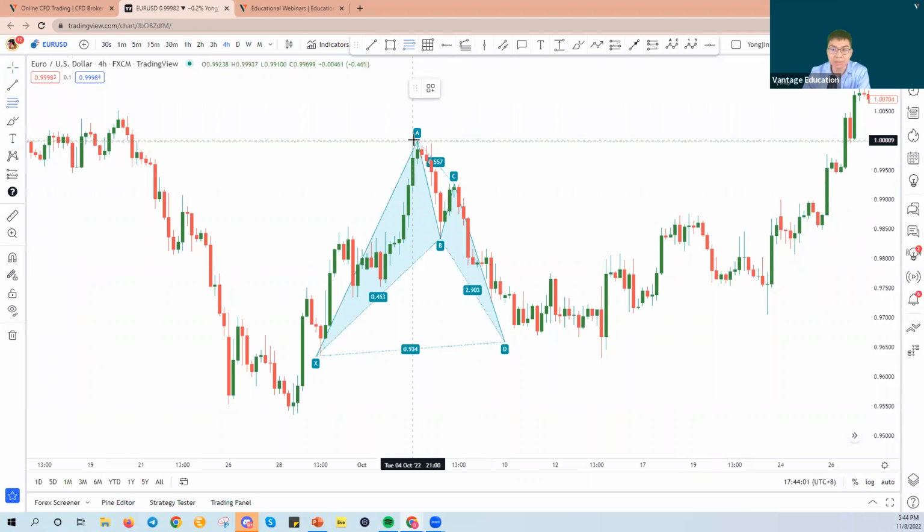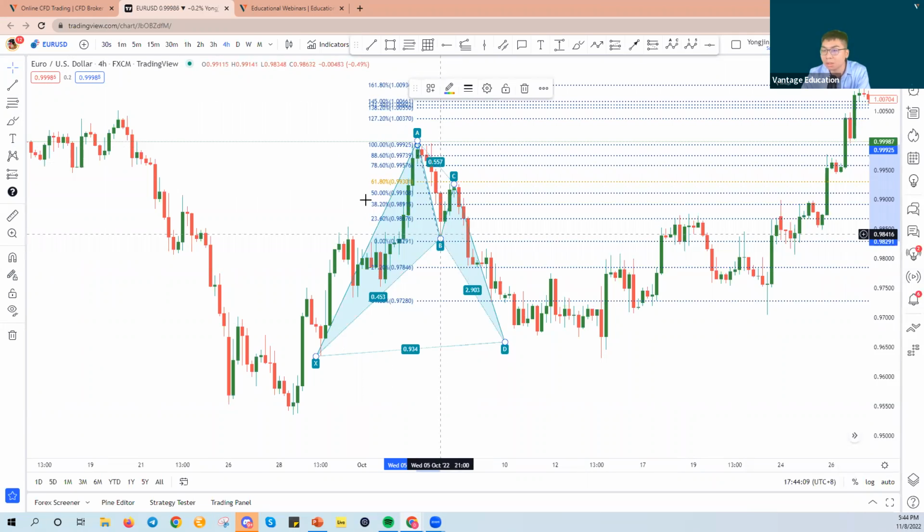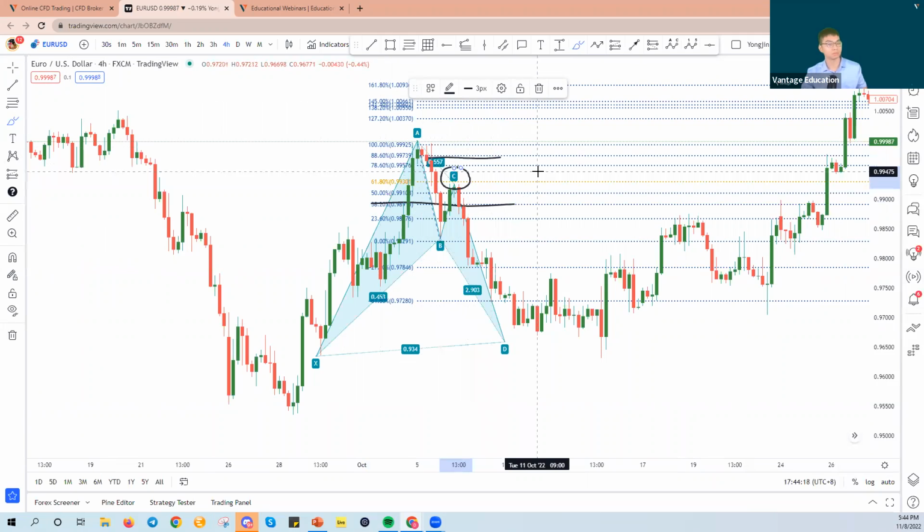For the bat pattern, C is between 38.2% right here and 88.6%. That's where we have C. So this is for the bat pattern. It's actually quite complex. I'm not going to lie, it took me a while to get it.